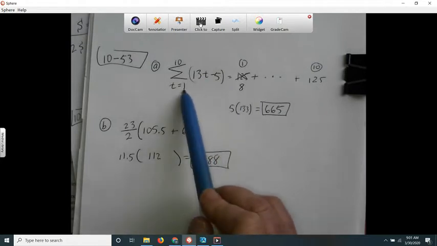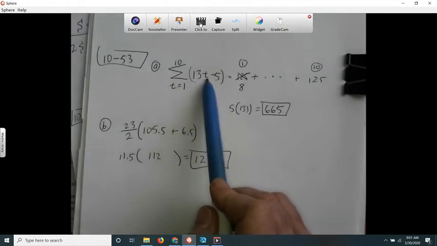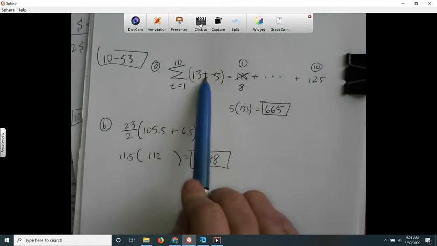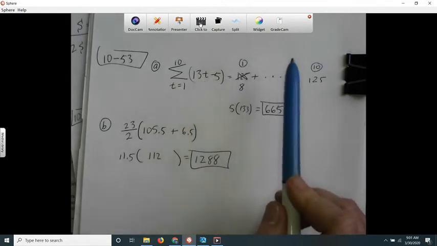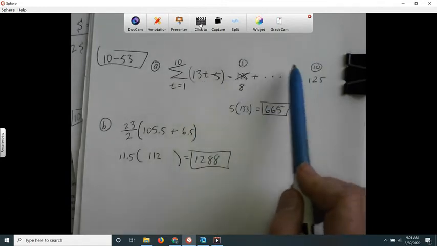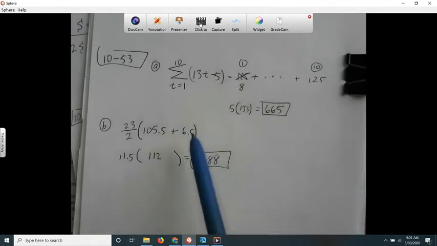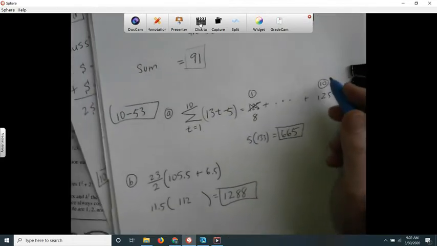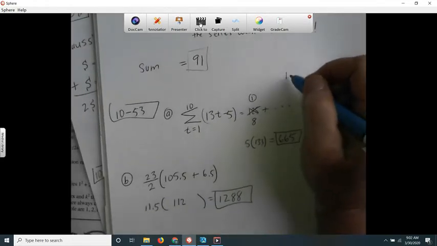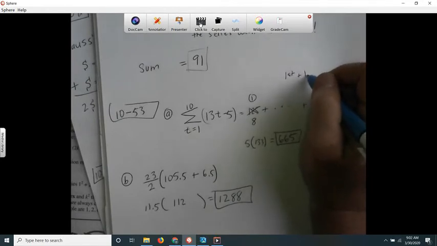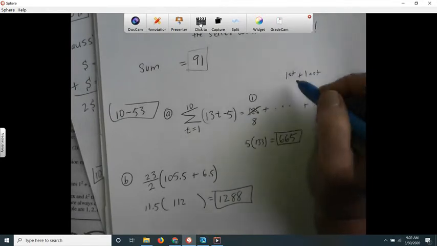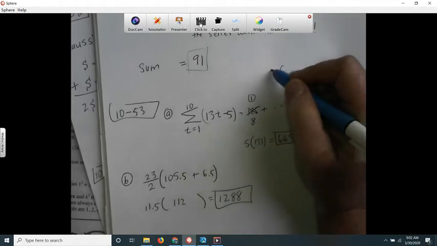When t is 2, 13 times 2 is 26 minus 5, and I could write all the terms out. But I know that it said it was arithmetic, so that means I can just do that thing where I go the first term plus the last term times the number of pairs.